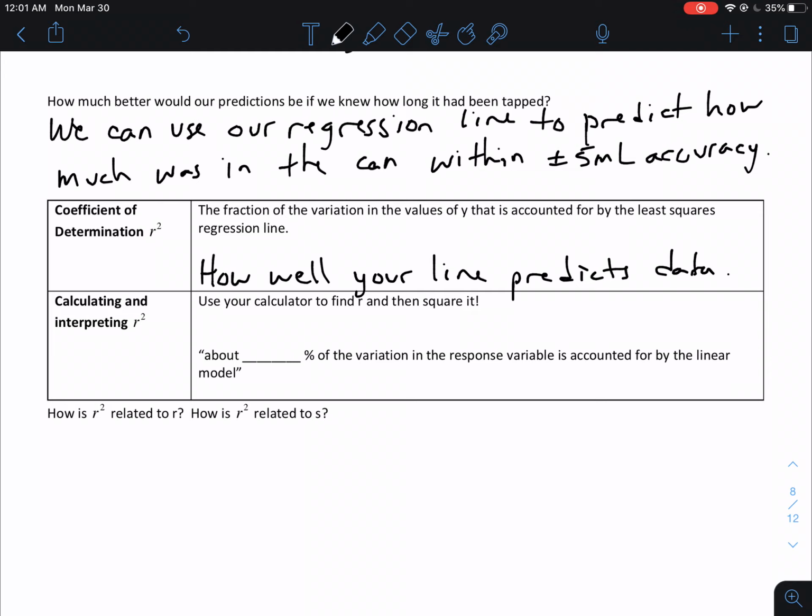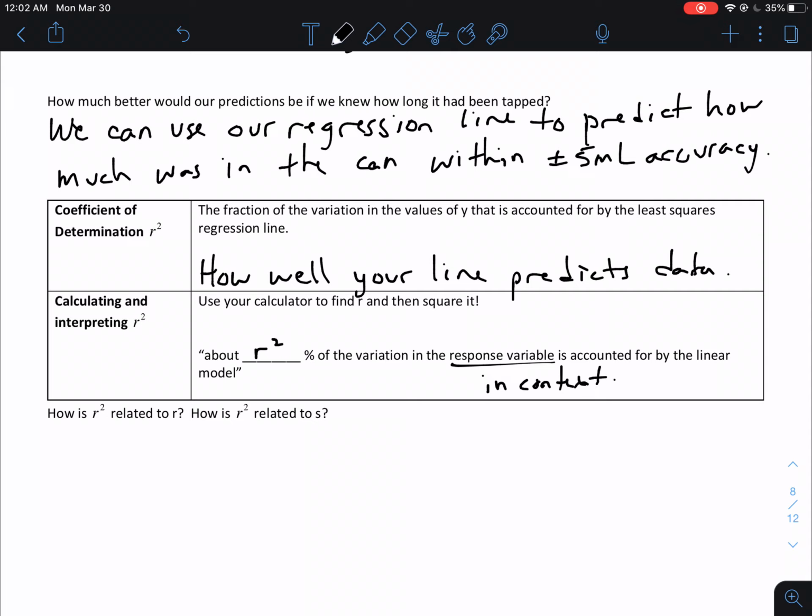It would be to say that about blank percent of the variation in the response variable is accounted for by the linear model. So whatever r squared is, you fill that in the blank and make sure that when you're talking about the response variable, you're doing that in context.